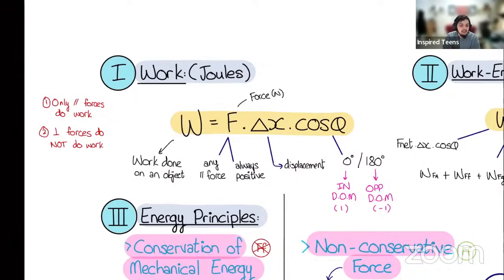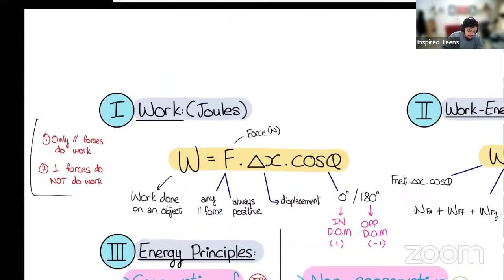This angle theta has 2 options: it's either 0 or 180 degrees, depending on which direction the object is moving. If the object is moving in the direction of motion, we use 0. If the object is moving opposite to the direction of motion, we use 180. We said only parallel forces do work, perpendicular forces do not do work.